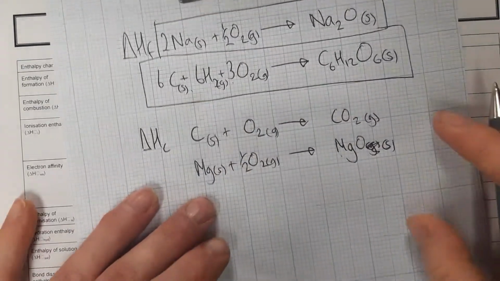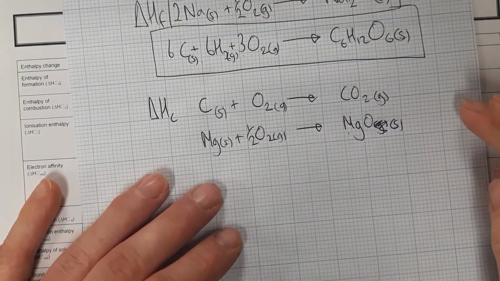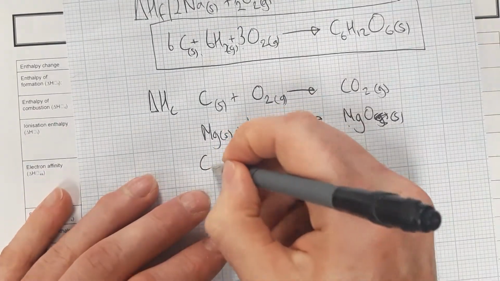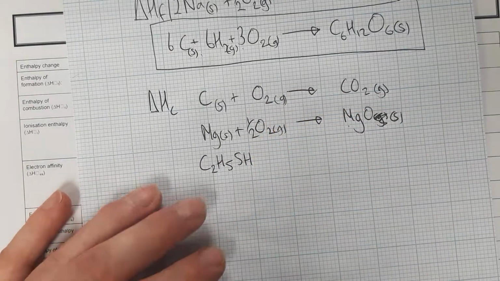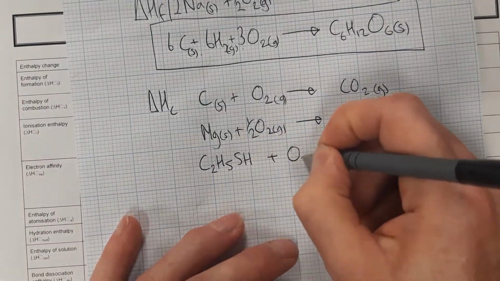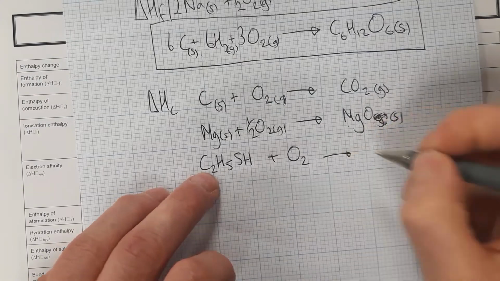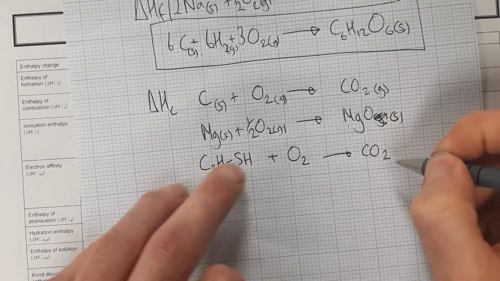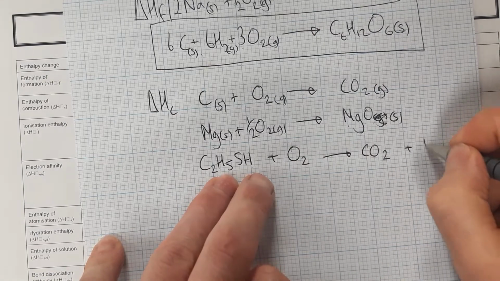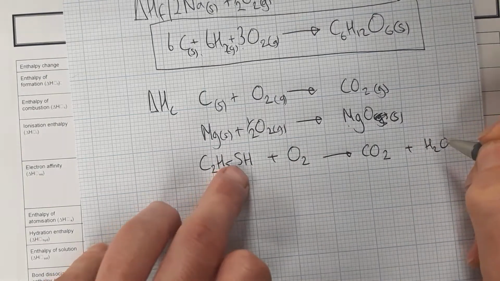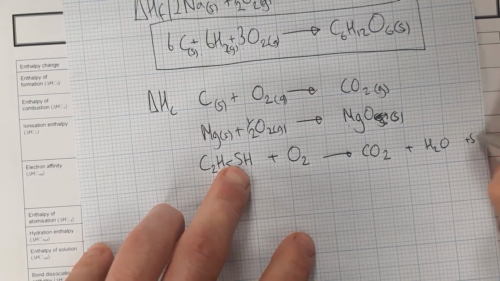If somebody asks you what's the enthalpy of combustion of C2H5SH, you go, what? Well, you're going to burn this. If you burn this, the carbons will make carbon dioxides, the hydrogens, all 6 of them, will make waters, so there'll be H2Os, and the sulfurs, you need to know, would make SO2s.